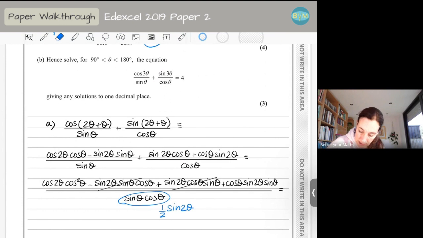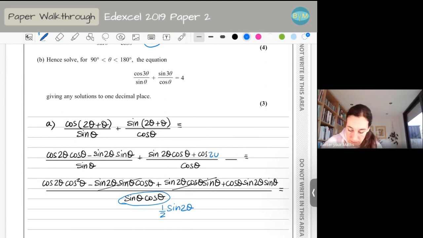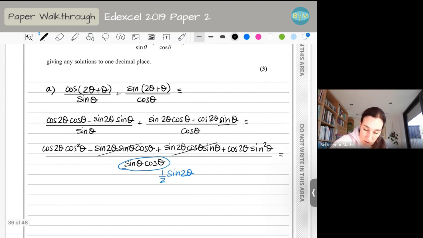Cos, sorry, I changed the order. So this is 2 theta, I'm just writing it twice. Cos 2 theta, sine theta. So when we multiply, this last bit is not correct. When I multiply that by sine, I have cos 2 theta sine squared theta. And now I am going to factorize these two.